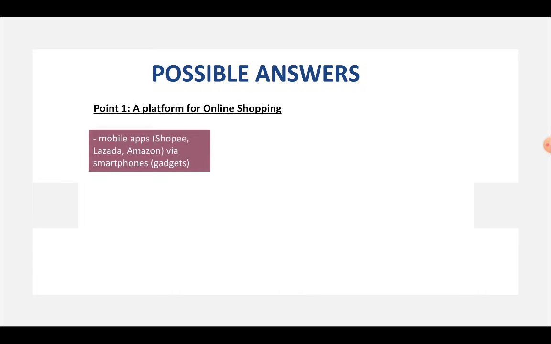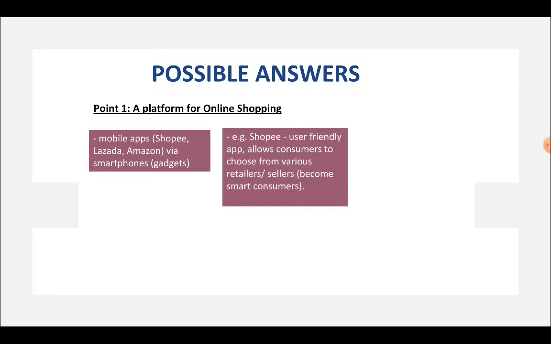So we have mobile apps. When we are talking about platform for online shopping, it is actually referring to mobile apps. We have Shopee, Lazada, Amazon, to name a few, which are accessible via smartphones or any gadgets that you have, right? So use a specific example.